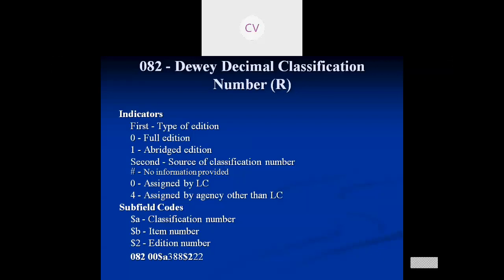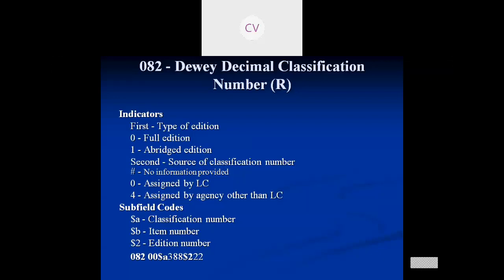Optional field is the decision of the cataloging agency or the library to decide whether we are going to use this field or not. So, for example, I am following another classification system, for example UDC.